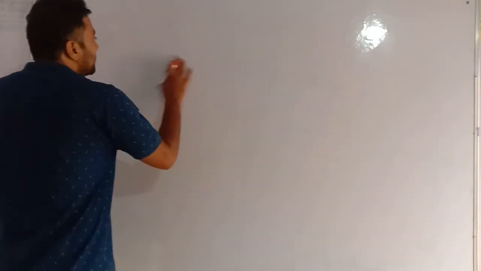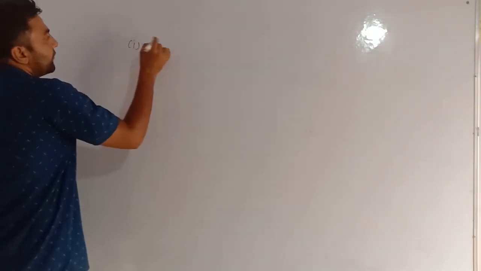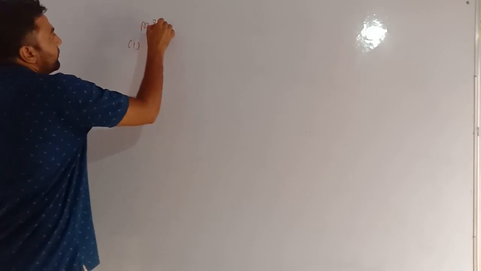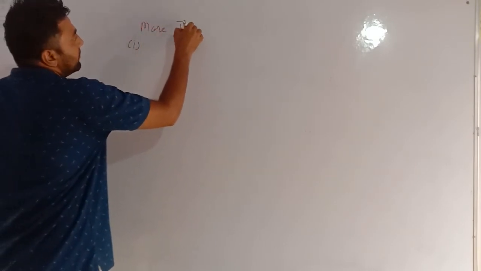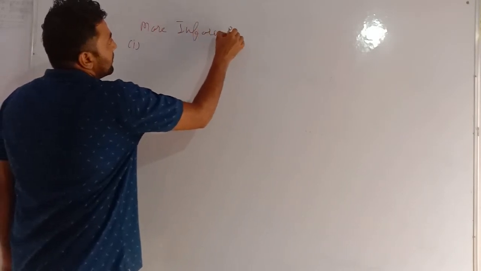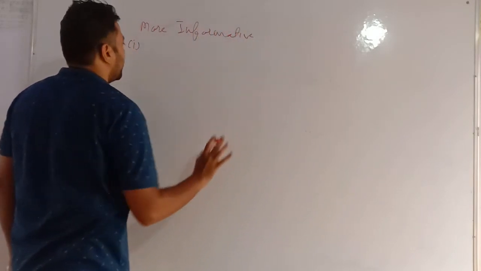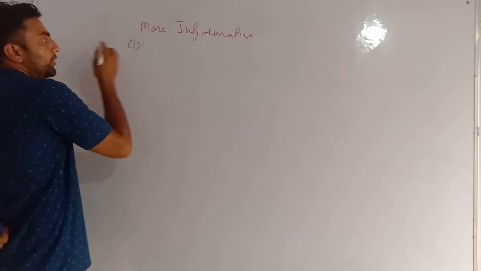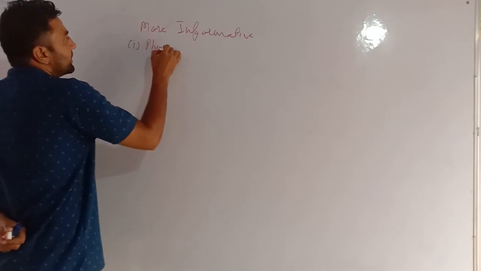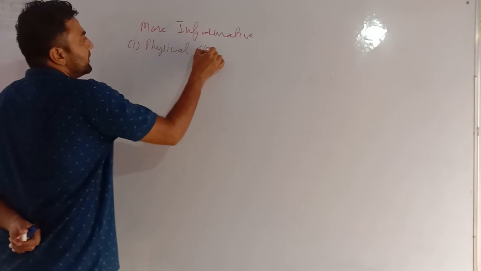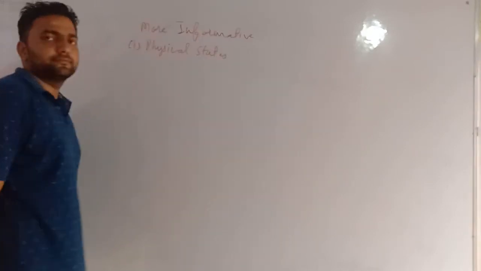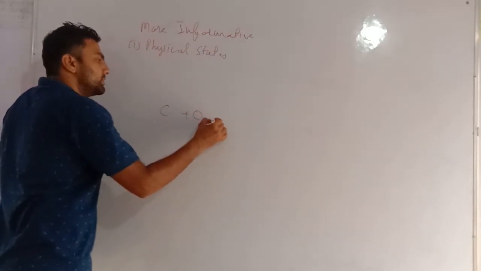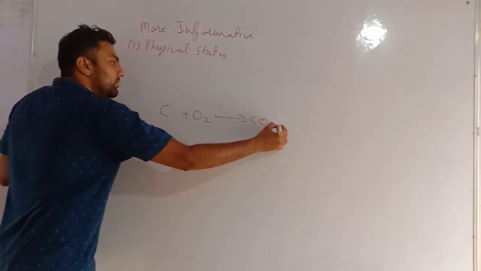Whenever any chemical reaction is taking place, very simple: first of all, you need to mention the physical states. For example, carbon plus oxygen giving us carbon dioxide.